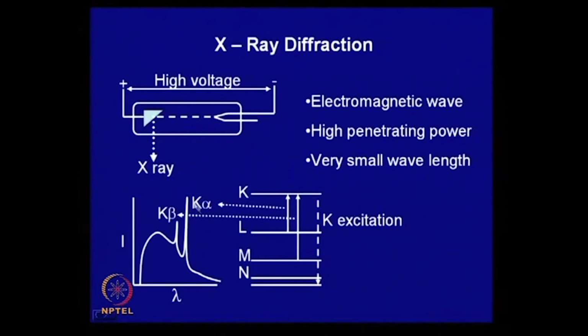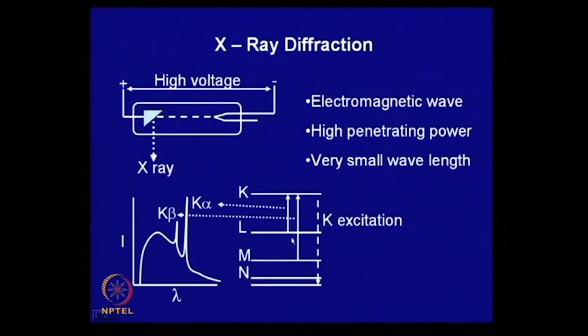These are the characteristic emissions from a metal when they are excited, because we know that electrons in metals are moving in different orbits like K, L, M, N. Now, if this electron which is striking the metal target removes an electron from the K shell, then it goes to an excited state, it is unstable.